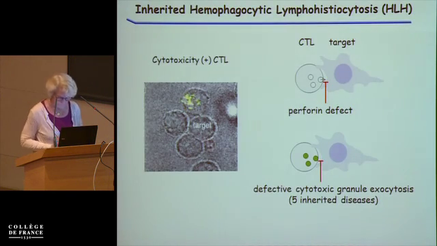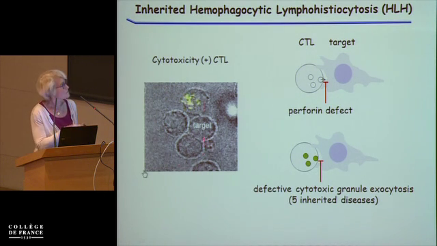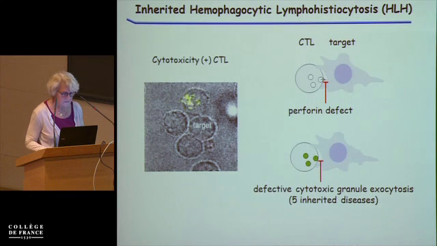And here is an example of this killing ability of cytotoxic cells, which have here cytotoxic granules, which are labeled in green and which recognize target cells.